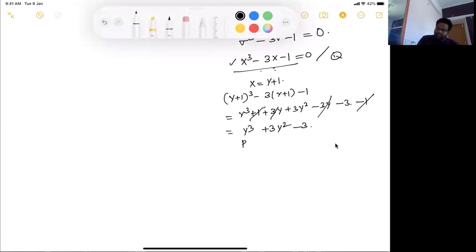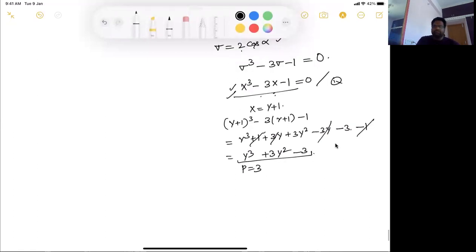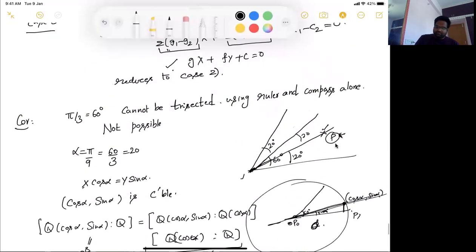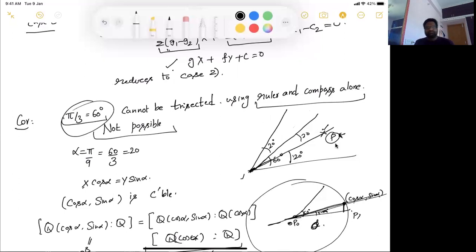And now take p equal to 3 and use Eisenstein's criterion to conclude that this is irreducible and therefore this is also irreducible. From this, it follows that using ruler and compass alone, it is not possible to trisect an angle. It is not possible to trisect 60 degrees using ruler and compass alone.